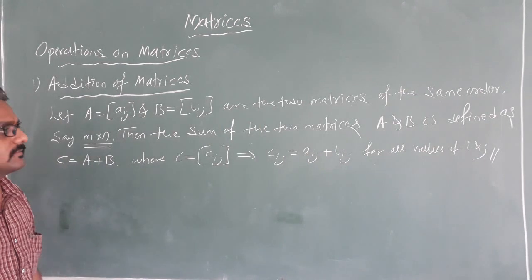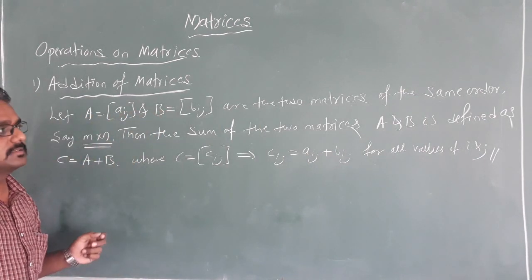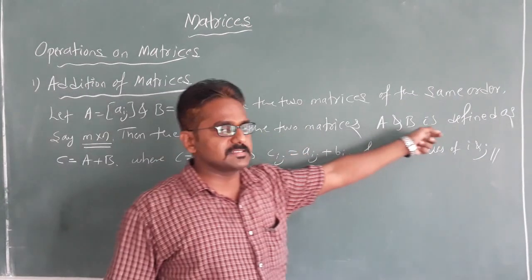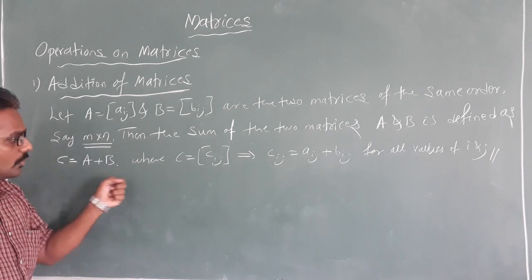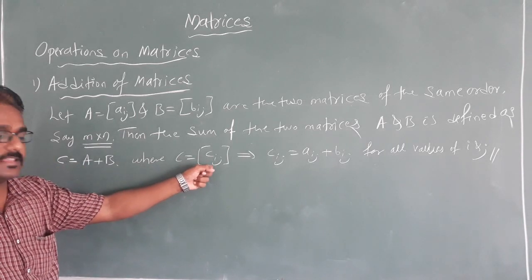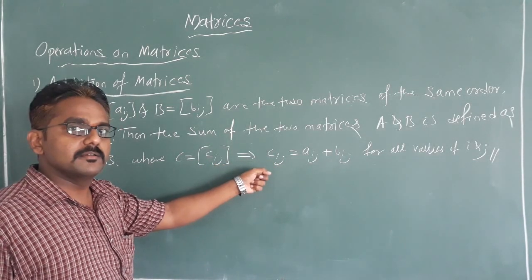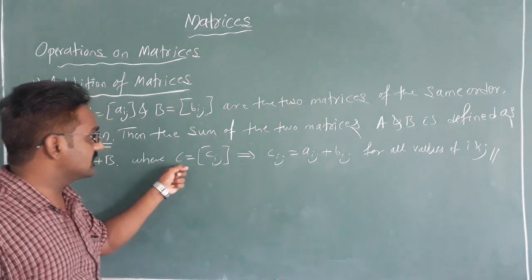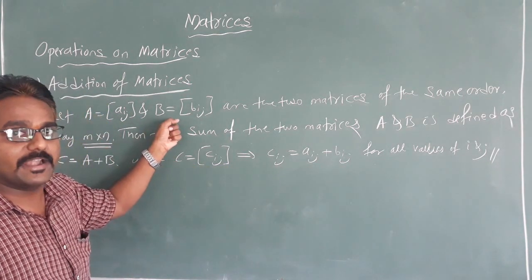This is the condition. Given two matrices A and B are of the same order, then the sum of the two matrices A and B is defined as C equals A plus B, where C has elements of the form Cij. C is the new matrix obtained when A and B are added.